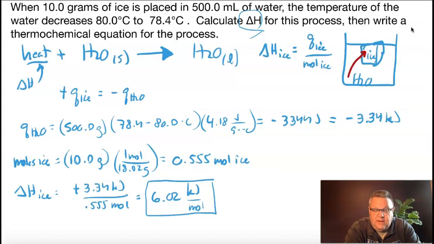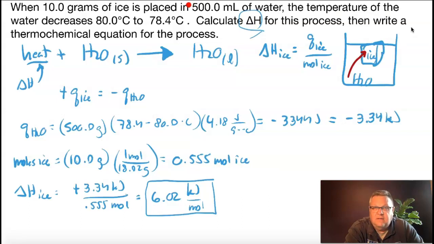All right, so here I'm calculating Q water. I'm using the mass of the water. Now this is one of the top mistakes on the next test. If you're calculating Q liquid water, you have to use the mass of the liquid water. It's a little confusing because the volume is given to you in milliliters.